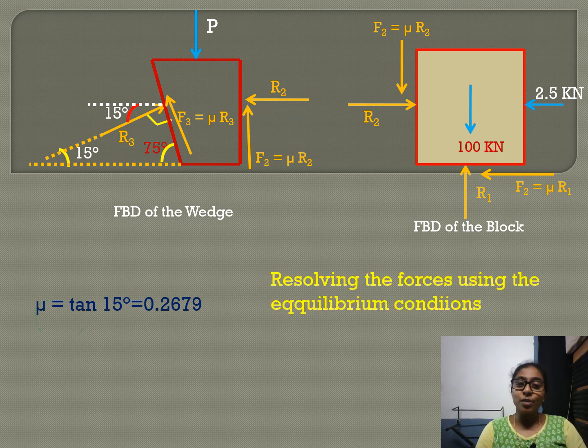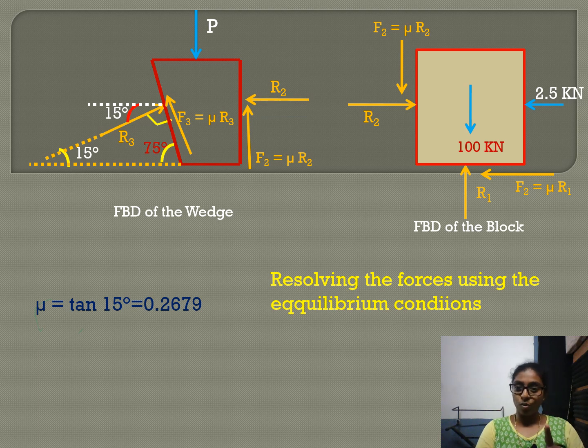Now for solving this problem, we have to resolve the forces using the equilibrium conditions. We know the equilibrium conditions are summation of the horizontal forces is equal to 0 and summation of the vertical forces is equal to 0. That is, sigma Fx is equal to 0 and sigma Fy is equal to 0. Resolving these forces, first of all, we have the unknowns R1 and F1, where F1 is written in terms of R1, mu is known.